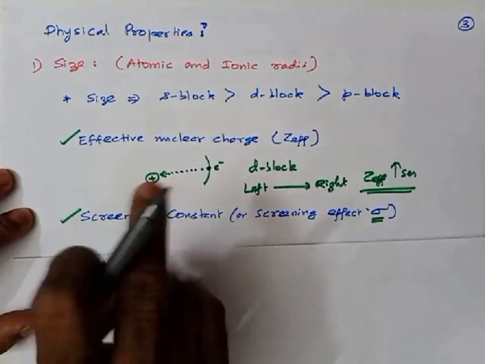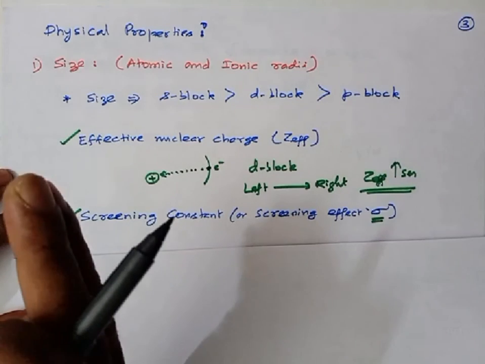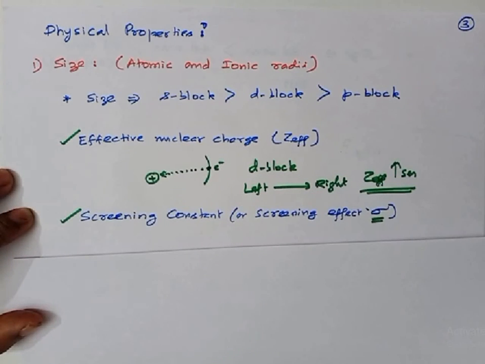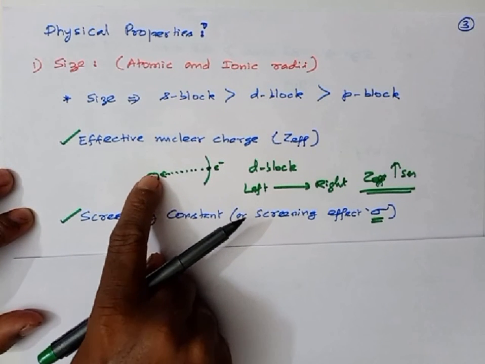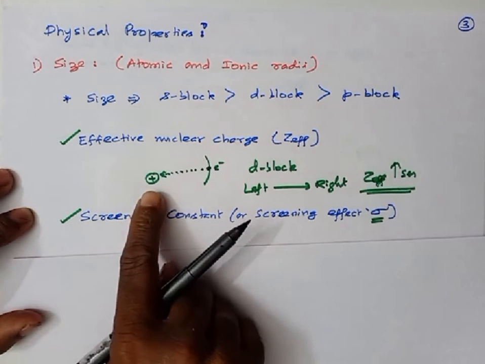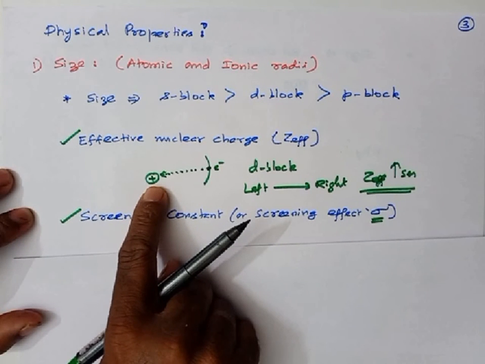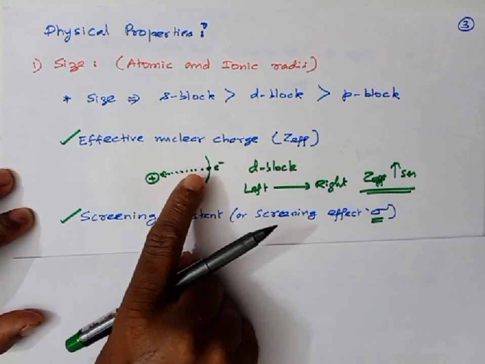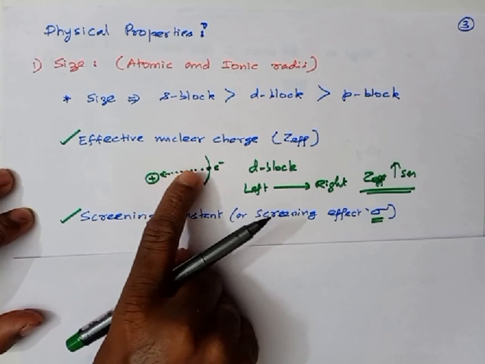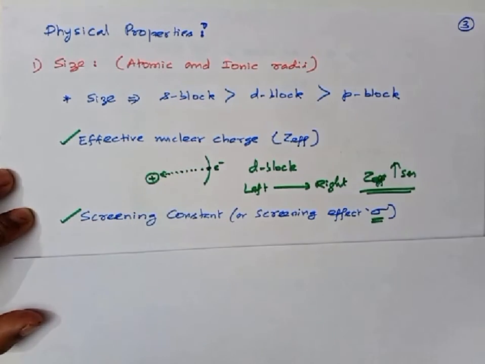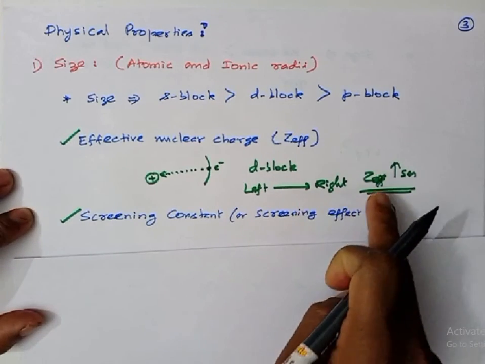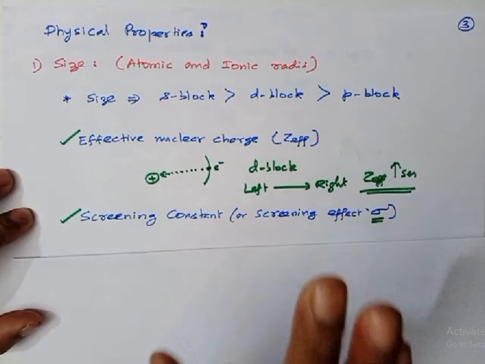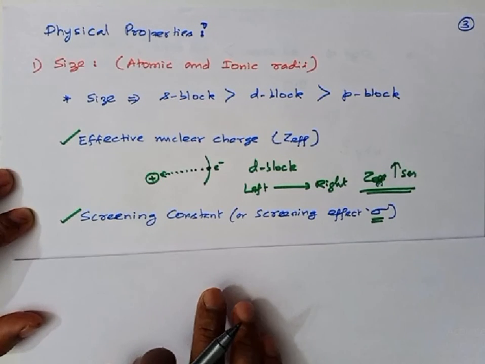I am talking about only protons. Therefore, the positive charge on the nucleus increases, so the effective nuclear charge is very high, and the attraction increases. So when you move from left to right in D block, effective nuclear charge in general increases. Keep this point in mind, very, very important.